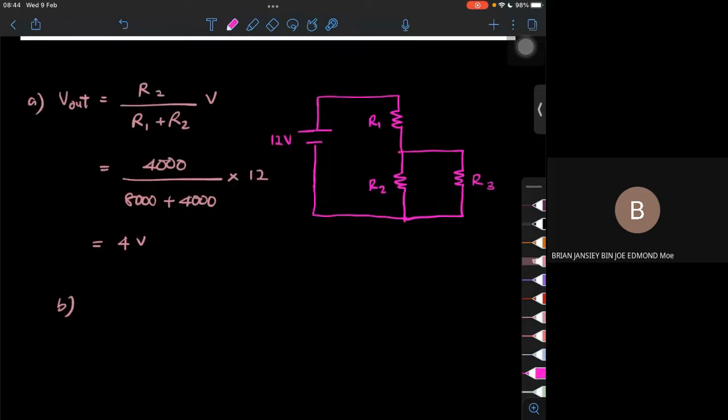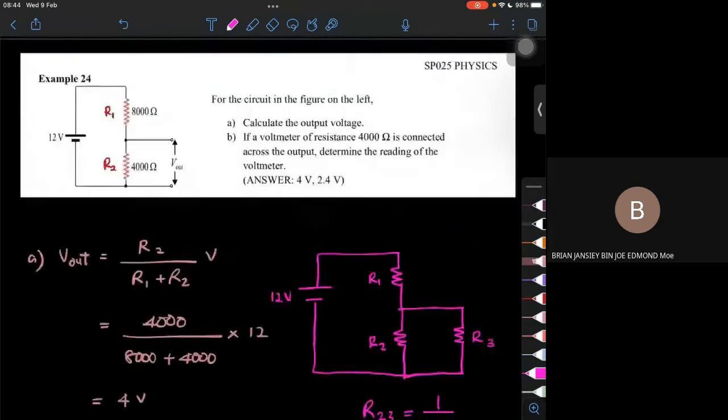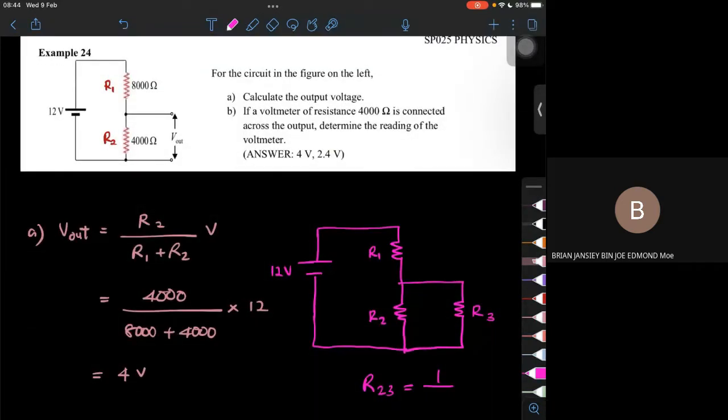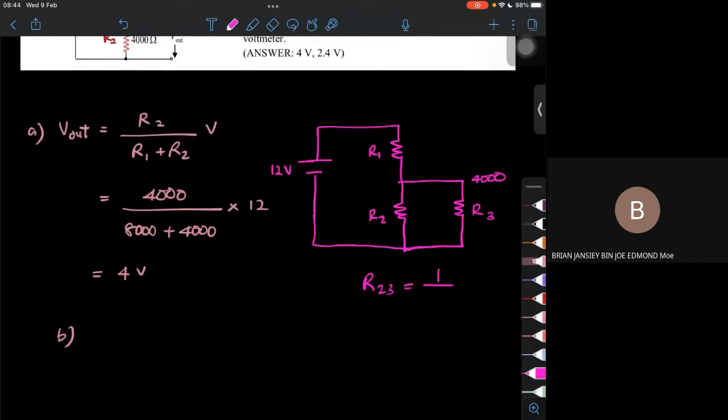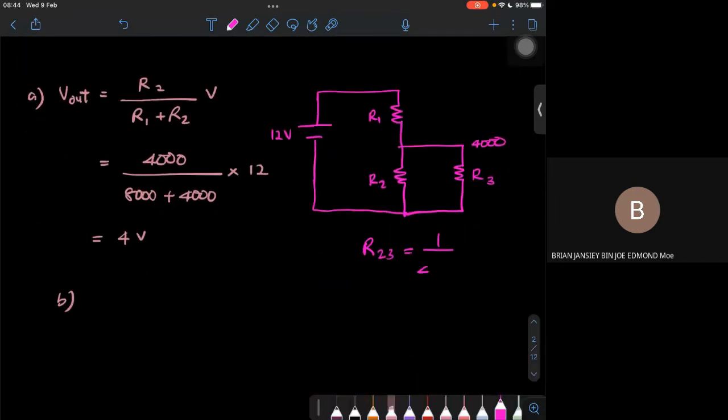So in order to simplify, R23, which is, kejap berapa tadi? R3 here. Oh, this one is 4,000. Ini kamu akan dapat berapa?